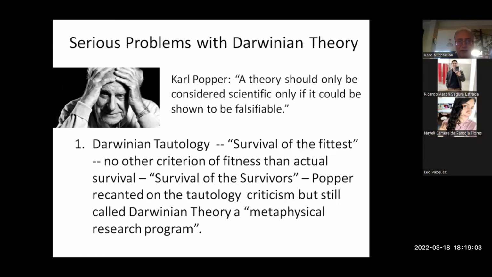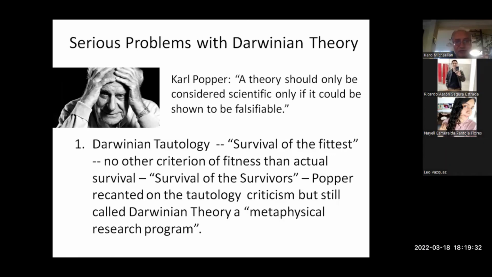And later he recanted on that, so he criticized himself and said that, well, there's not exactly tautology, but he still called Darwinian theory a metaphysical research program. He didn't think it was really based on physical principles, no? And obviously it's not based on physical principles, so it is really a metaphysical program.